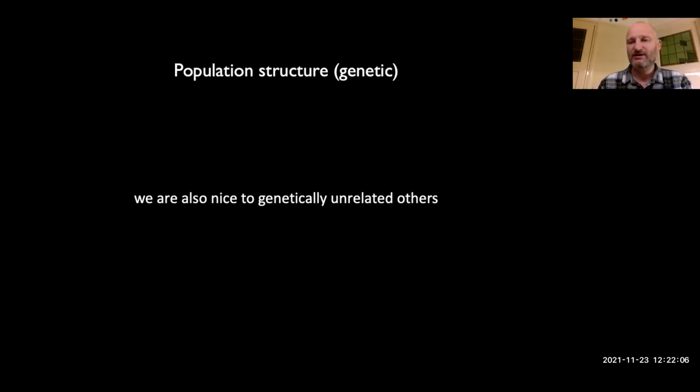And therefore, if we look at Hamilton's rule, we would expect altruistic behavior only to happen between those that are related, not between those that are not related. So that's something that is almost in every paper.